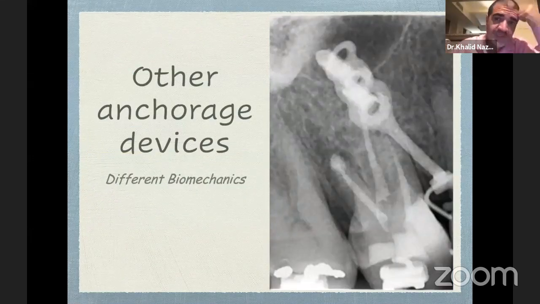One of the things that we help orthodontists with is using the anchorage devices. In the past, we periodontists and maxillofacial surgeons used to do the mini screws for the orthodontist, but for the past at least 5 or 6 years, I have not had any mini screw case.